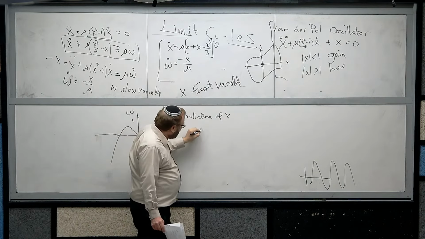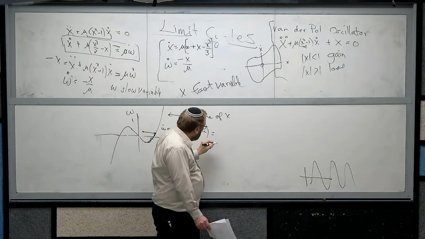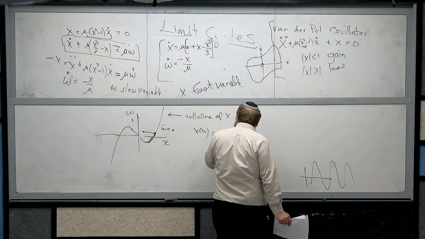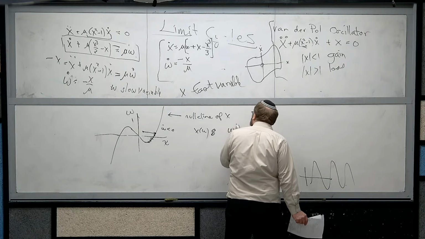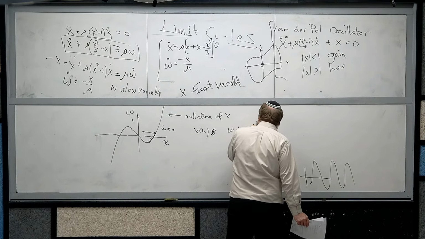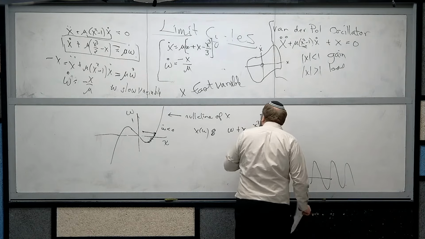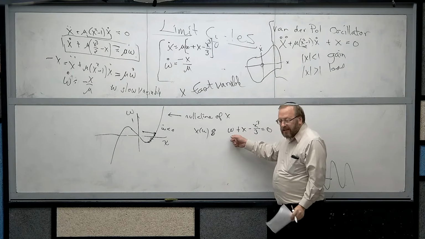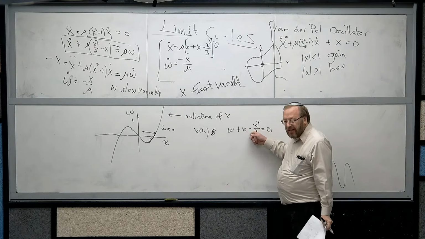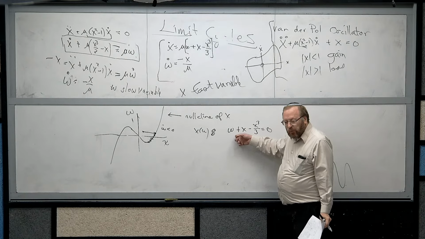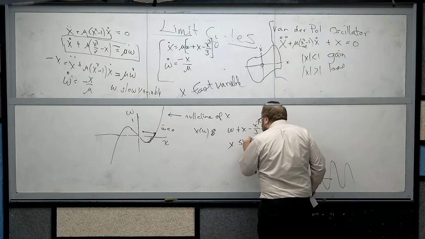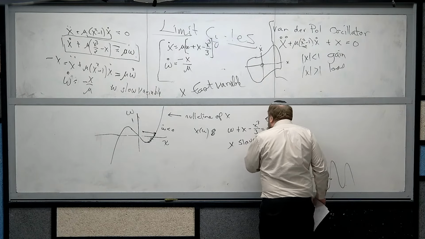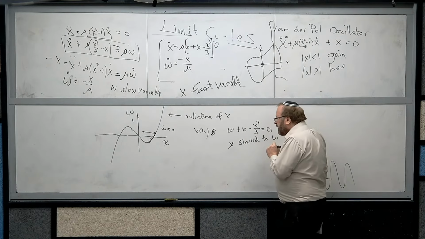X of omega is determined by the equation omega equals plus x minus x cubed over 3 equals 0. So given an omega, x changes to keep up with it. So x is now slaved to omega.